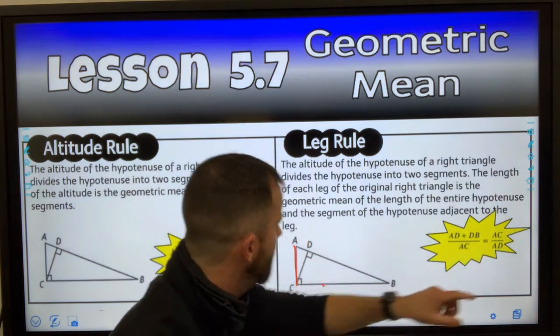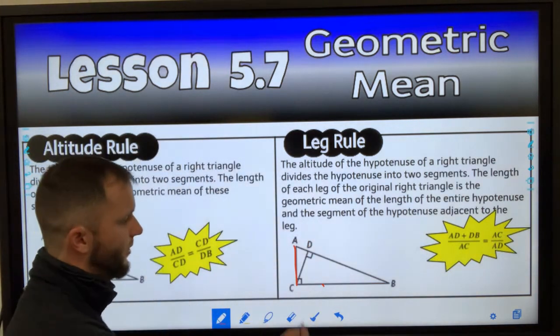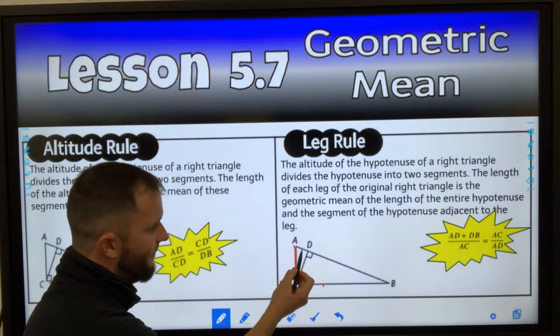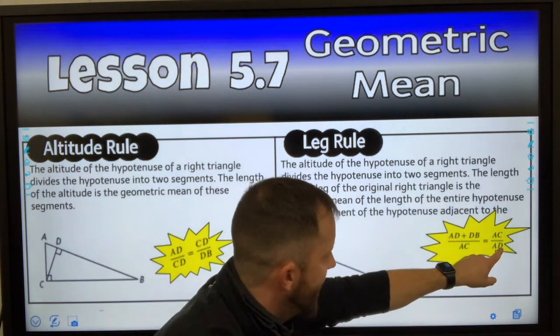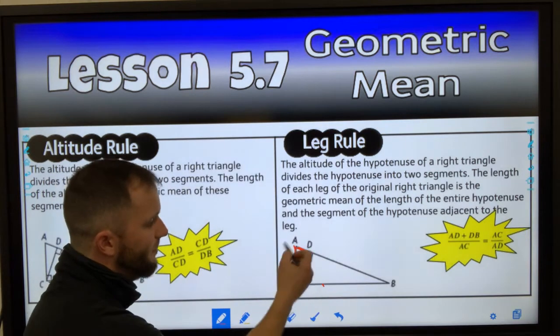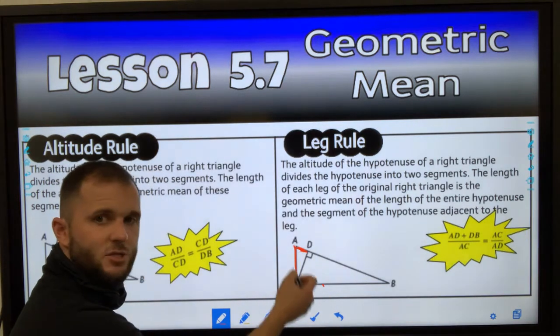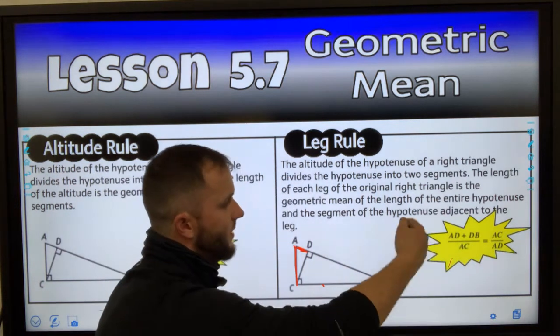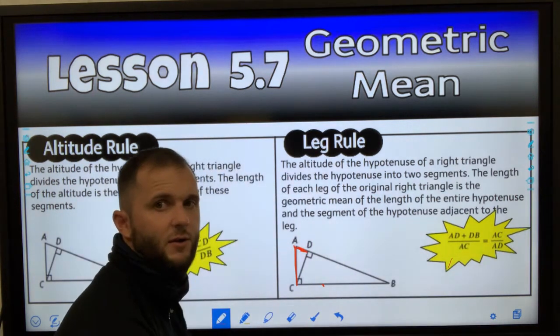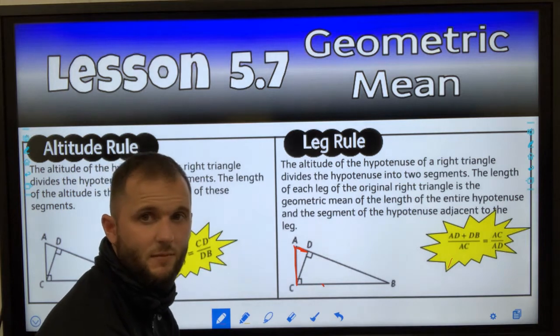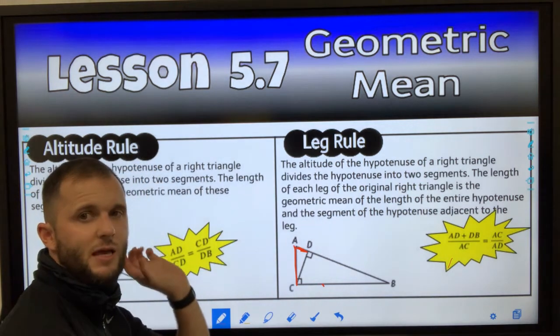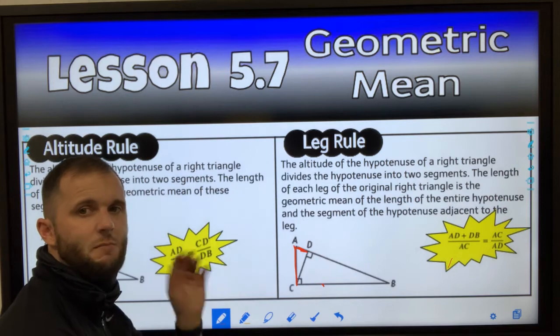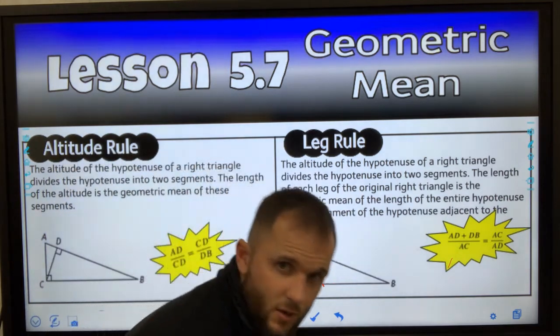Then I'm going to set that equal to the little leg of my smaller triangle, which is AD, over the little leg of the big triangle, which is actually the hypotenuse of that smaller triangle. I'd cross multiply and solve, giving me a missing side length. So I'm going to take these two concepts, figure out what I'm trying to find, and apply them to my examples. Here we go.